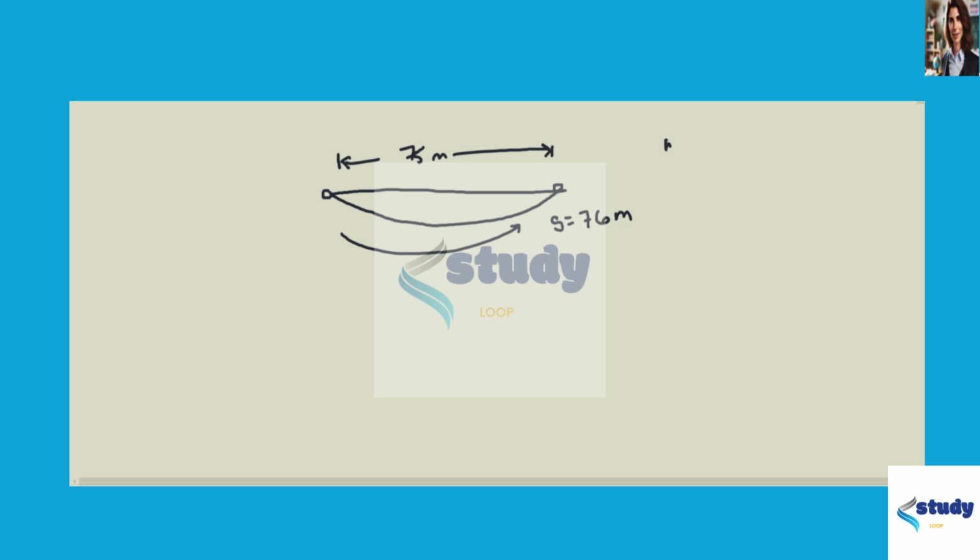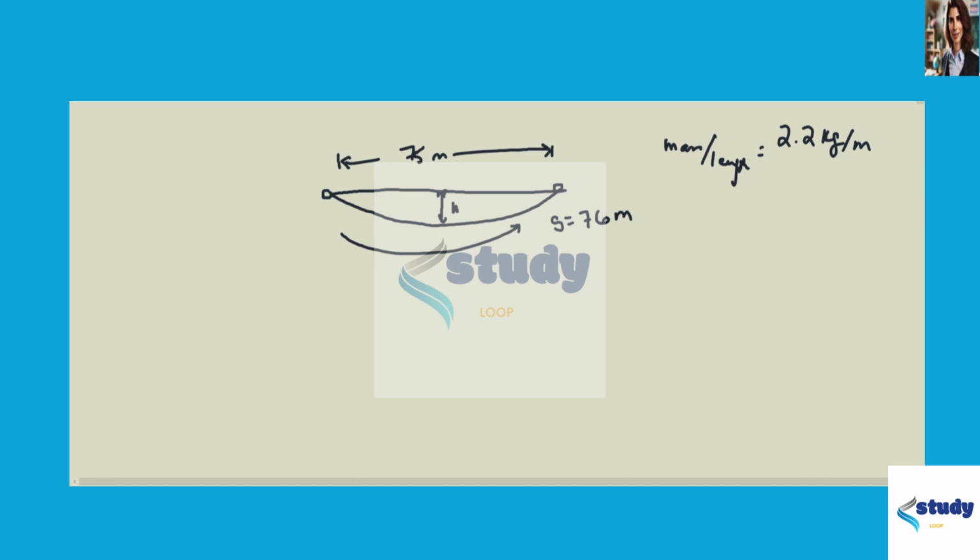And it is also given that the mass per unit length of the cable is 2.2 kilogram per meter. So we have to find the sag of the wire, the distance from the lowest point in the wire to this horizontal line.